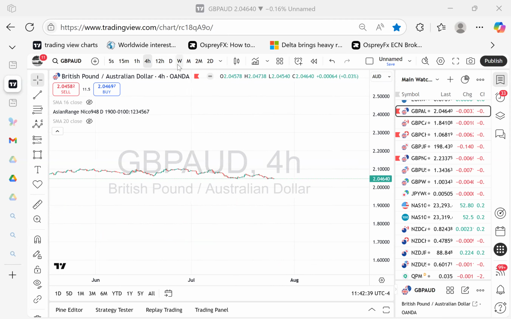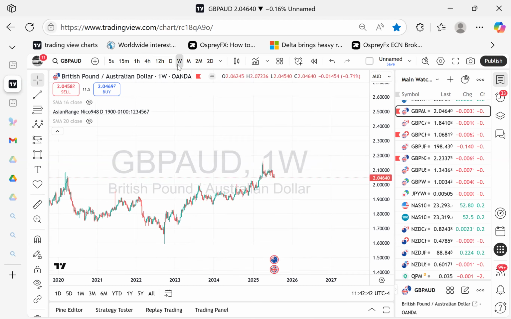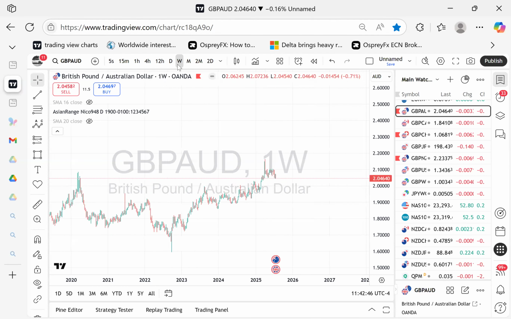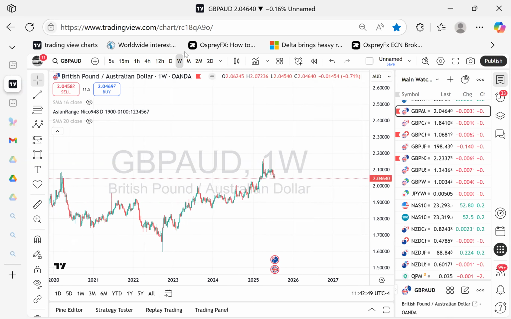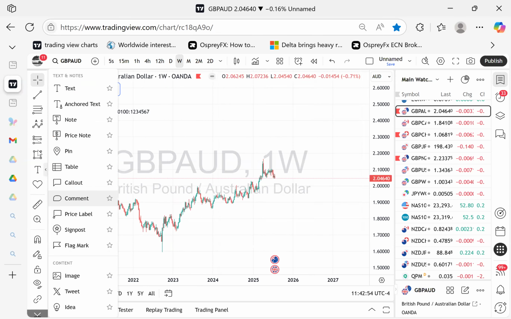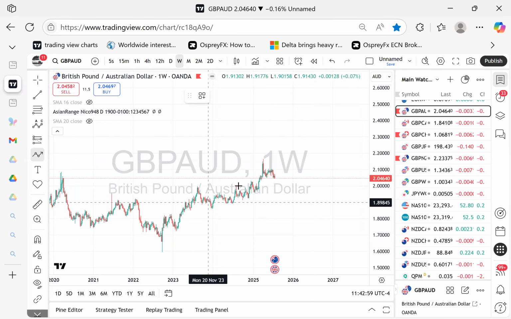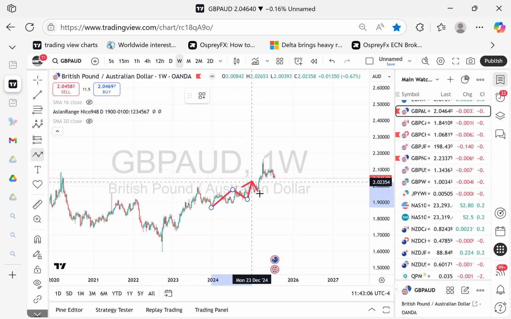All right, let's talk about, first of all, why we were even looking for price to turn around. On this weekly chart, Mike marked this chart up from his low, and this might not look exactly like Mike's, but this was Mike's low, and this was a swing low, and this was a swing high.